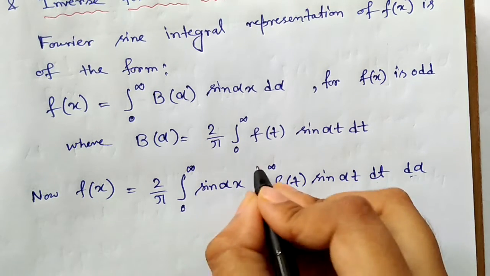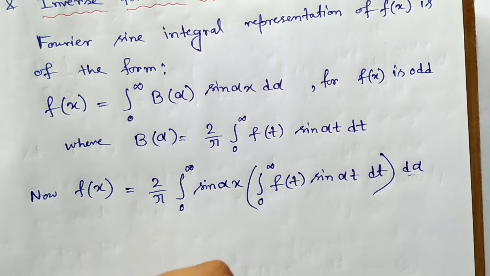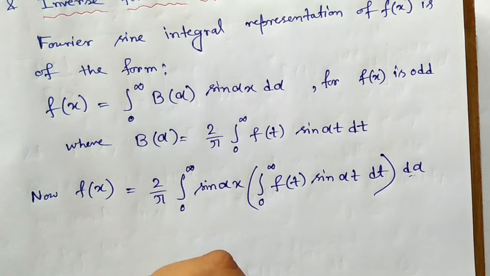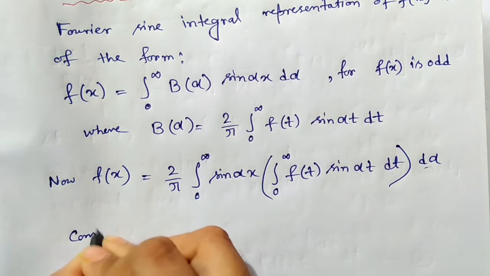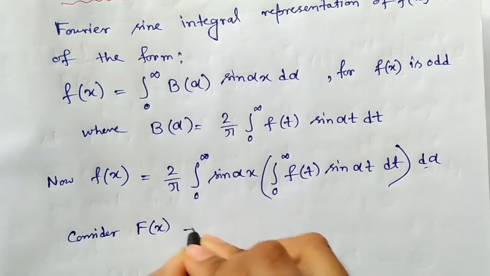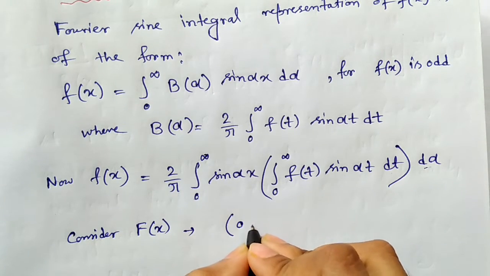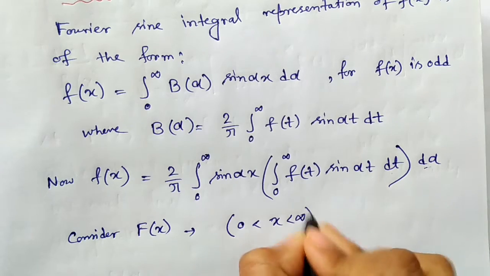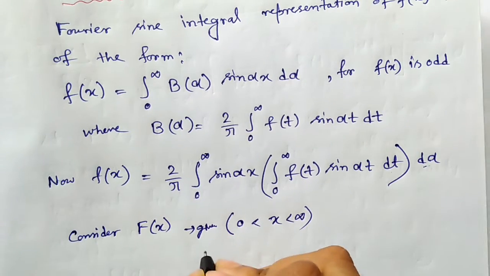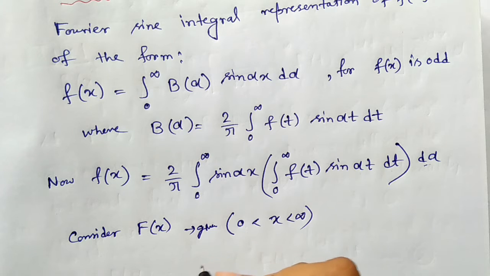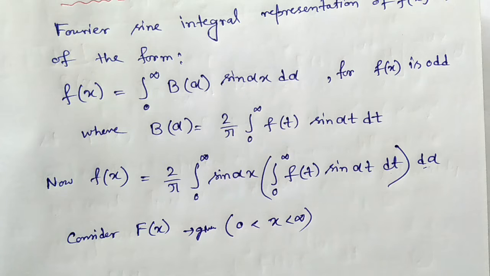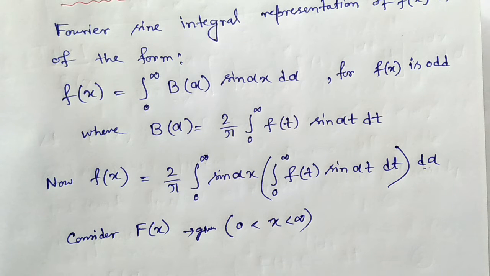Now we bracket this portion. Suppose f(x) is our given function defined on 0 to infinity, with the corresponding conditions I discussed in previous classes: piecewise continuous, satisfying differentiability on finite intervals, and absolutely integrable on this interval.